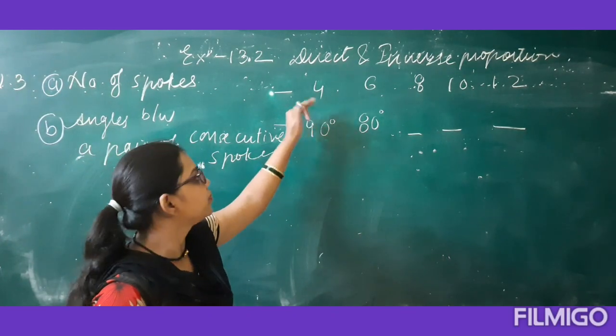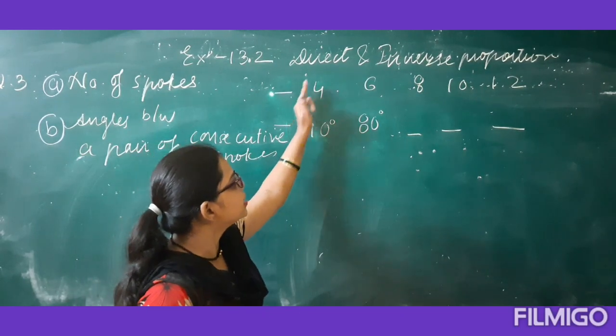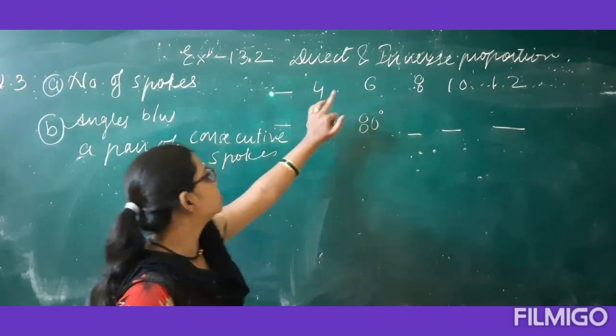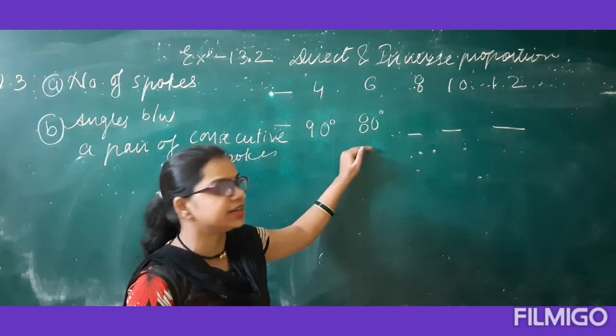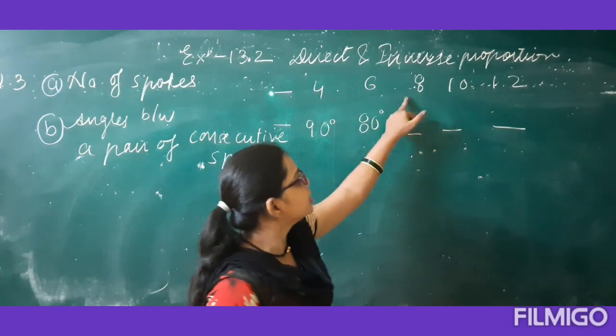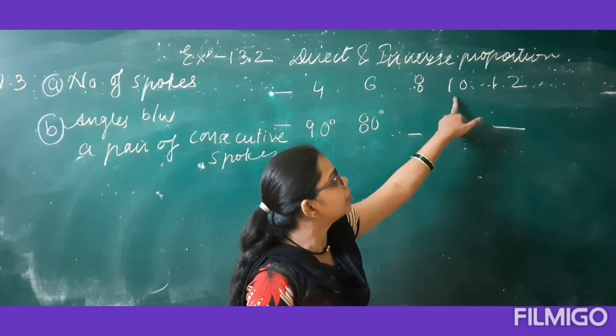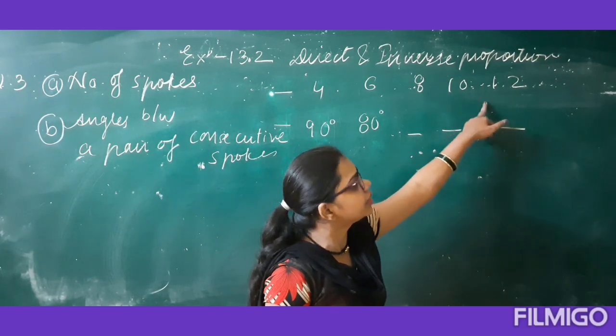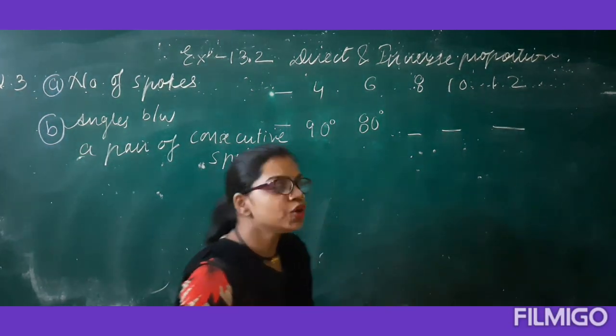If it is 4, it is 90. But if I increase the number of spokes to 6, the angle decreases. Again, if I increase, this will also decrease. Again I increase the number of spokes, this will also decrease.